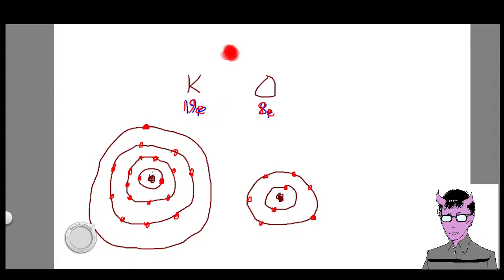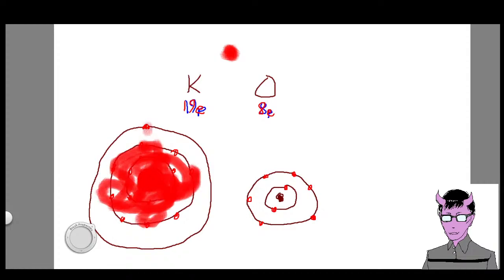Okay, so despite there being a treasure trove of protons hanging out in the nucleus, 19 of them in fact, they are actually surrounded by just too many electrons. So there's electrons in that layer, electrons in that second layer, electrons in that third layer, and then that singular electron in the fourth layer.